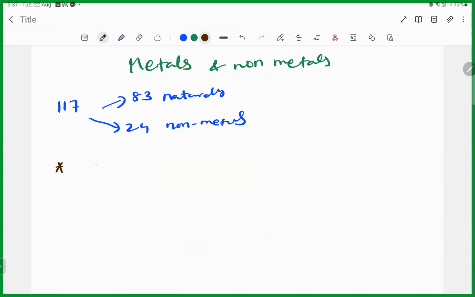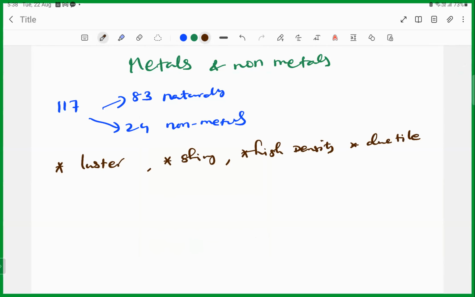They are lustrous, metallic lustrous, and luster means usually shiny. They have high density, and they are ductile. They can be malleable, or converted into wire or sheet. They have a high melting point. They are hard and solid at room temperature.